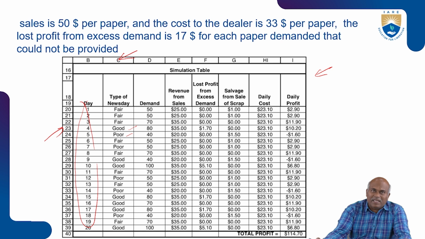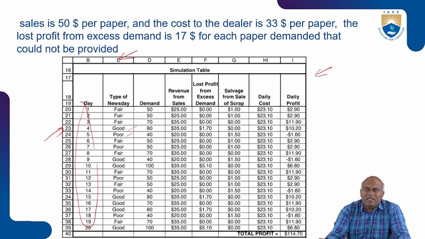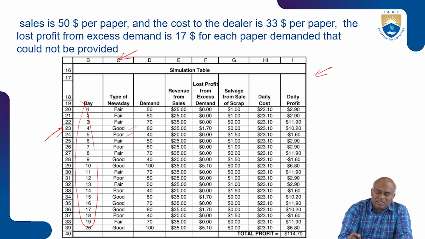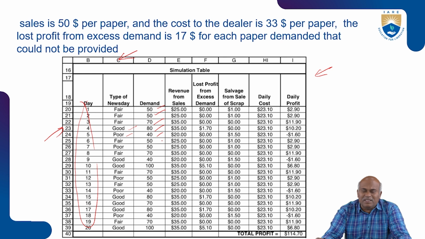Then we may indicate, after that, what money you are going to spend, what money is going to be demanded. So first day is $50, second day 50, 70, 80, 40. It depends upon the case of the newspaper you have received. Then we may conclude the type of newspaper per day. Based on that, we put the cost.